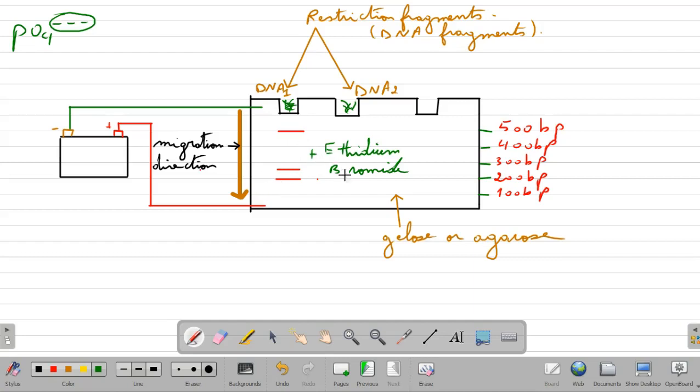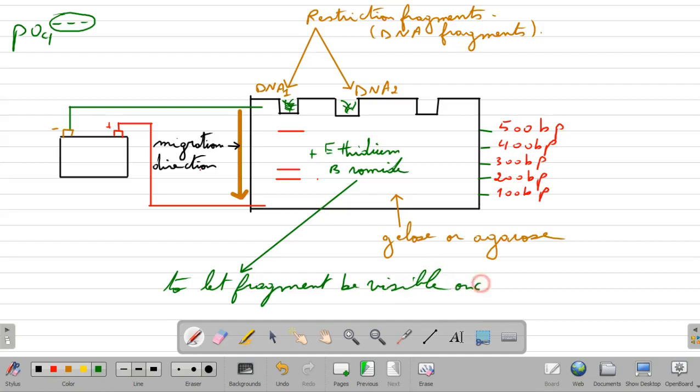So ethidium bromide plus ultraviolet radiation, and the fragments become visible. Let me write this remark: ethidium bromide lets fragments be visible once exposed to ultraviolet radiation.